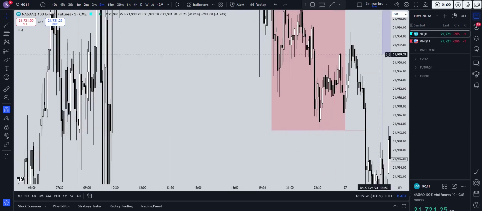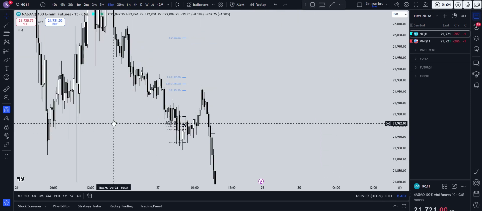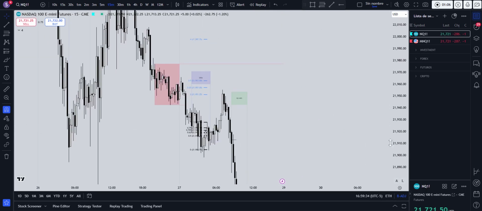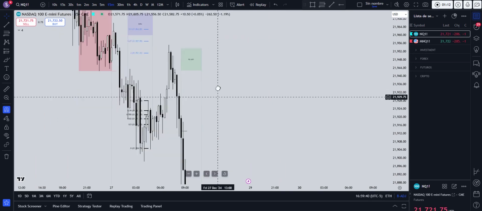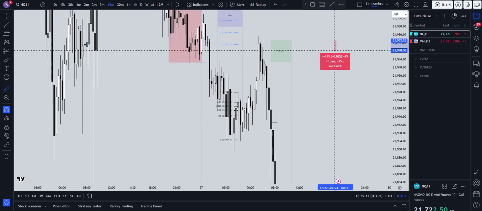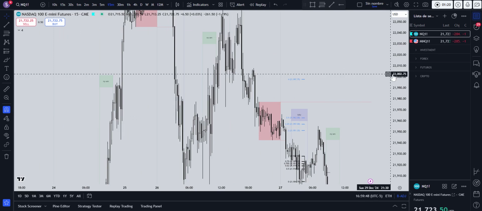Because if you go to the probably the 50 minute, I think it's the 50 minute, yeah. So if you see in the 50 minute, it reacts perfectly off of that, then reacts again, and then we got a nice sell off right there. So this is an example to the downside.